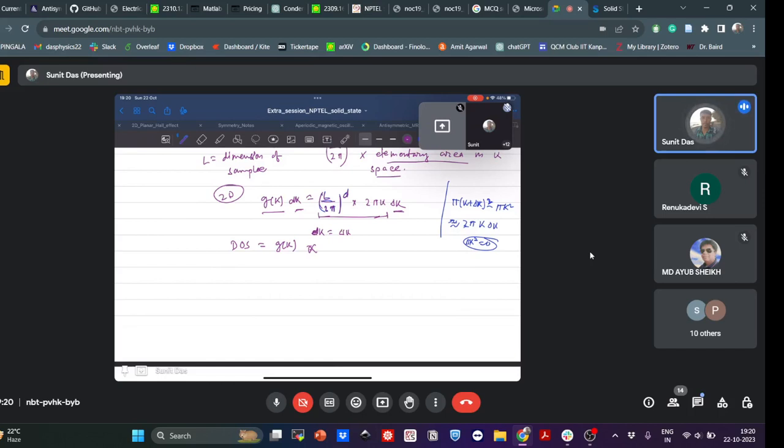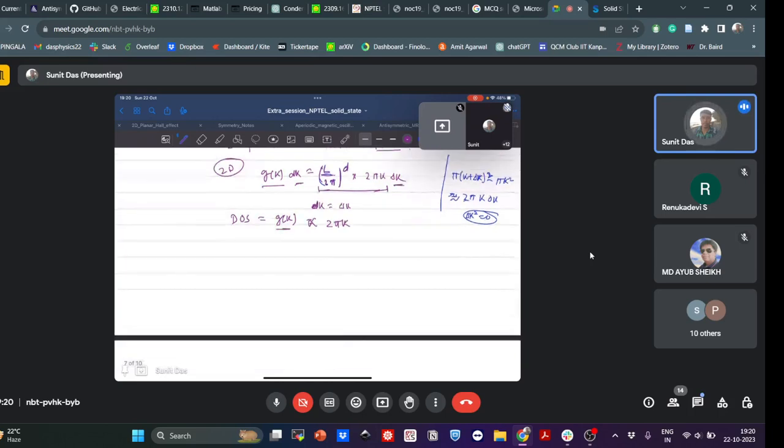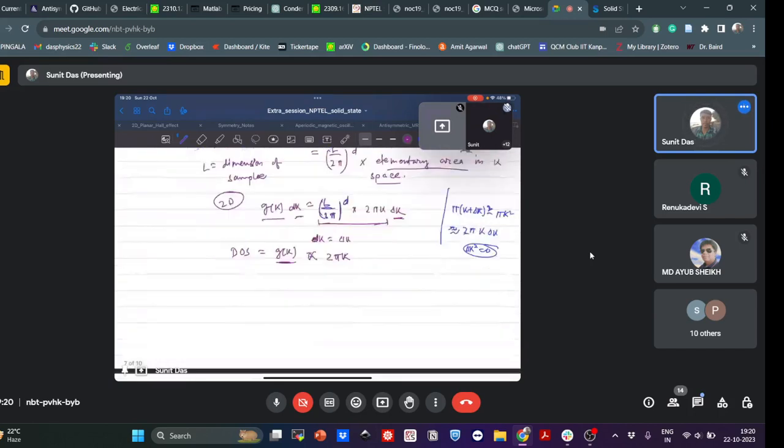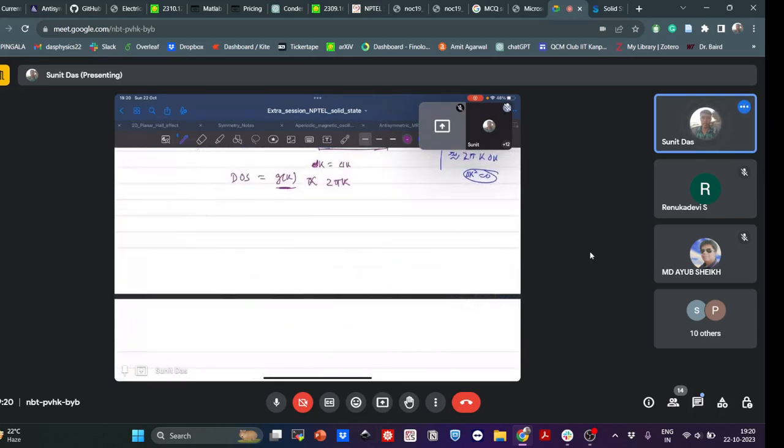So g(k) is proportional to 2πk, and g(k) is the DOS, right? g(k)dk was the total number of states. So DOS will be g(k)dk/dk, or if we talk about energy, then g(E)dE/dE.